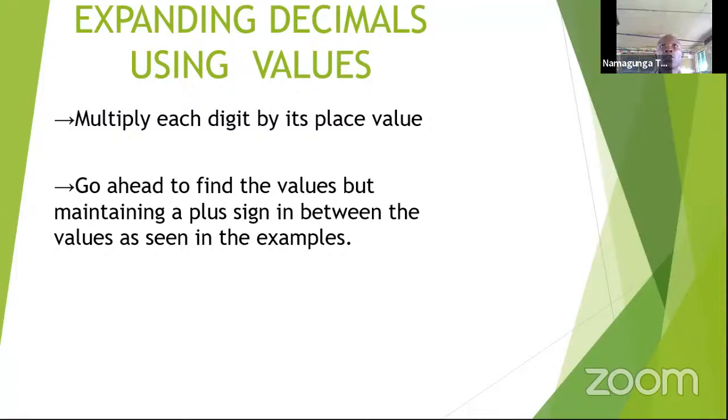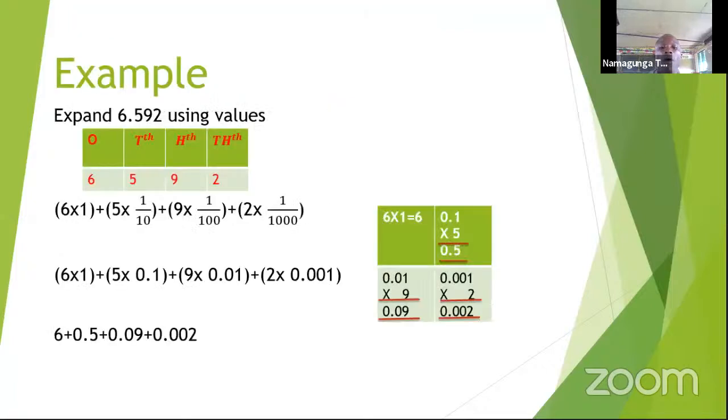So it is not different from what we have been doing, only that this one, you go ahead and add another step, which involves getting the values. Let us see in our example that we have there.